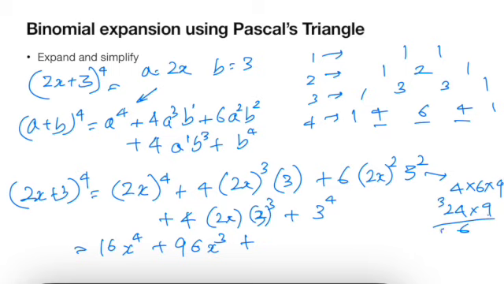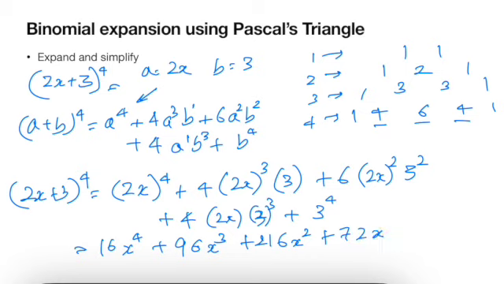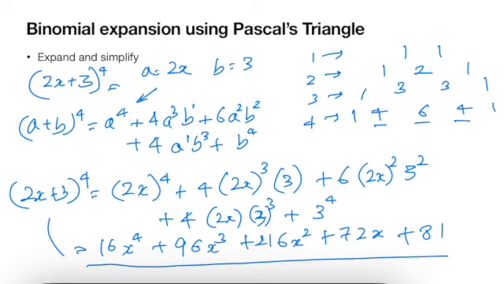So this becomes 216x square plus 3 cube is 9, 9 into 8, 9 is 72x plus 3 to the power 4 is 81. So this is the expansion of (2x plus 3) whole to the power 4.